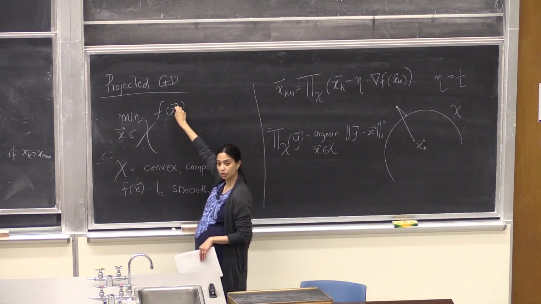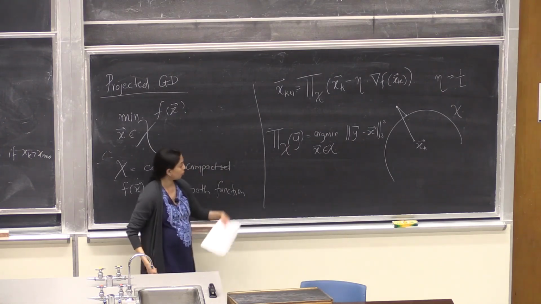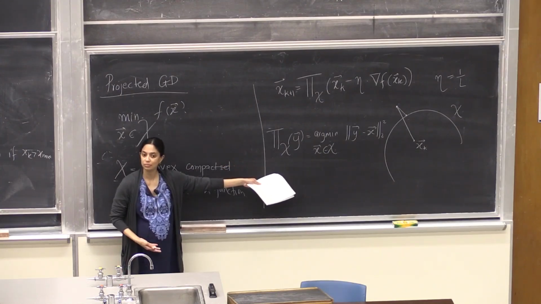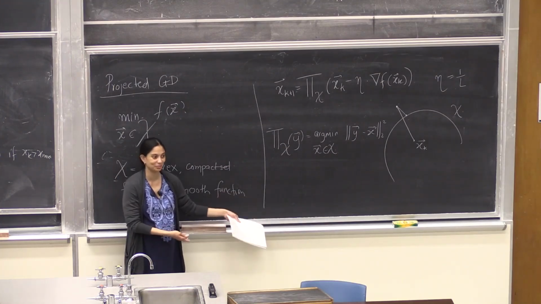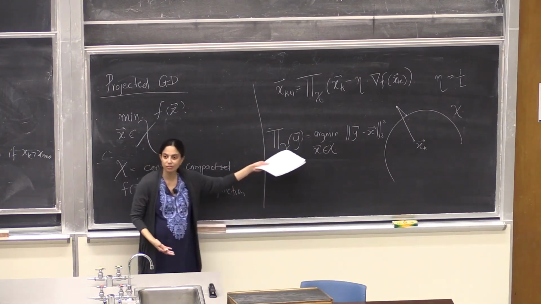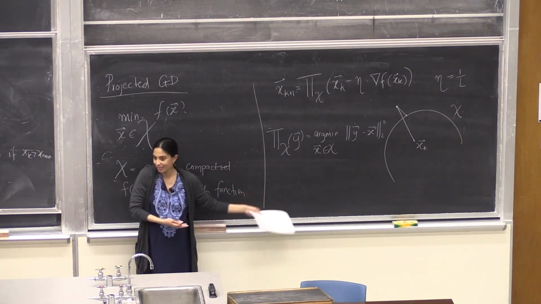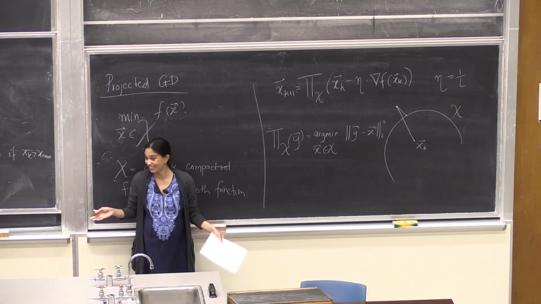And now, every single time I want to do a gradient descent step, what do I have another one of? Another optimization problem. It's like we've created these nested optimization problems, right? How am I going to solve this optimization problem? Maybe I need to do another gradient descent, right? This can get bad fast, right?